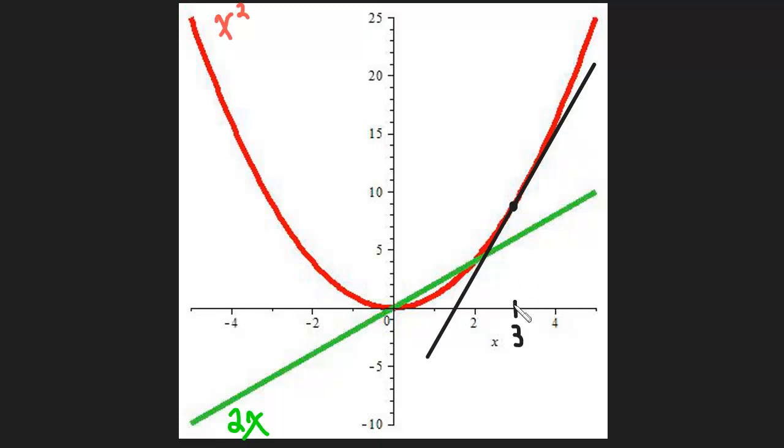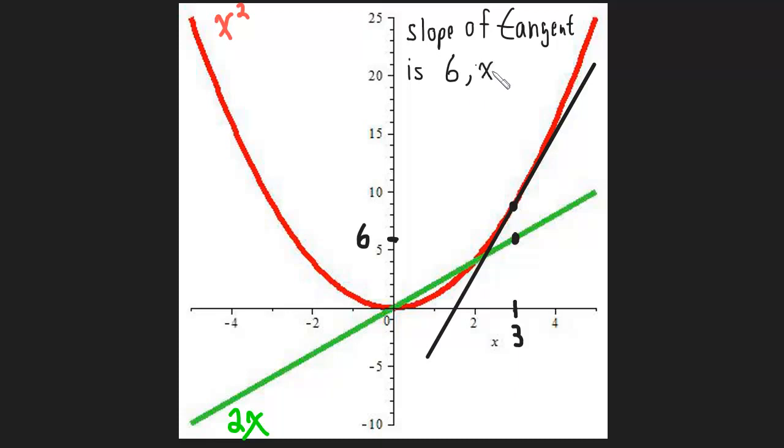Well, all we have to do is come up to the derivative right here, and find out what the value of the derivative is. So that value is 6. So that 6 means the slope of tangent is 6 when x is 3.